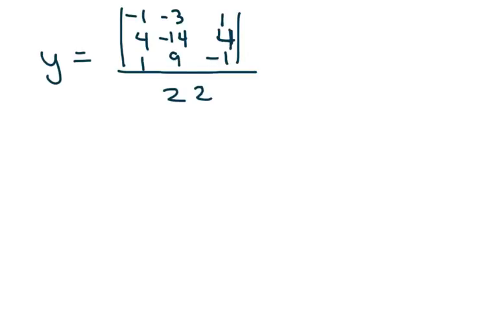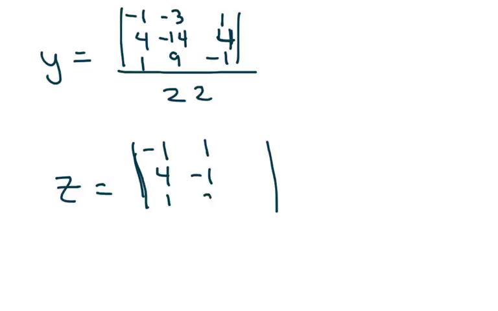Then you just take a determinant of that, and z is going to be the same type thing. You're going to plug in your x and y components, which is -1, 4, and 1. Your y is 1, -1, 2. And then for your z part, you're going to plug in -3, -14, and 9.